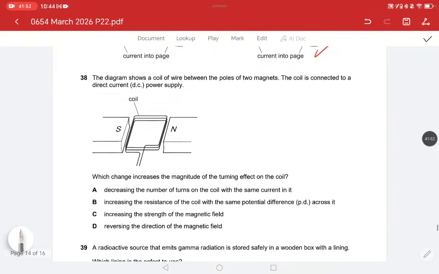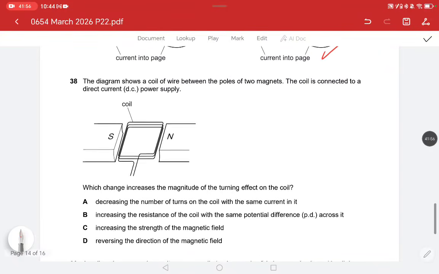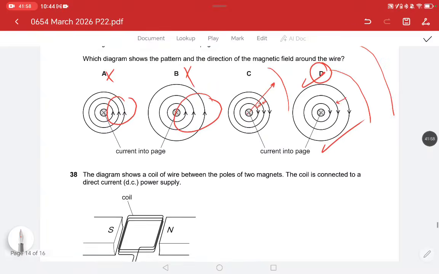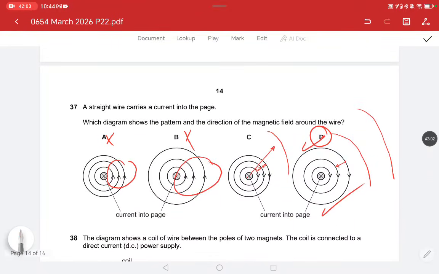Okay, question 38. By the way, 38 has no question about the Fleming left-hand rule, so please practice the left-hand rule by yourself. Do not come to the exam to apply it for the first time, because it will be difficult.